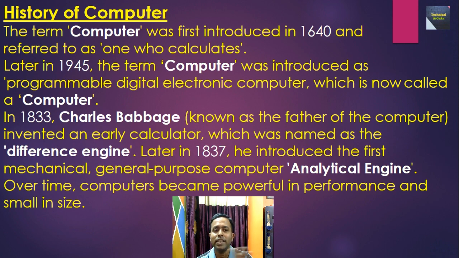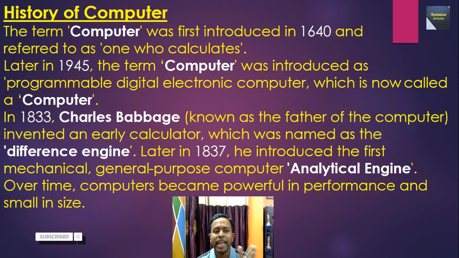Later in 1945 the term computer was introduced as programmable digital electronic computer, which is now called a computer. So nowadays the computer is a device, not a human being, right? And it was introduced in 1945.